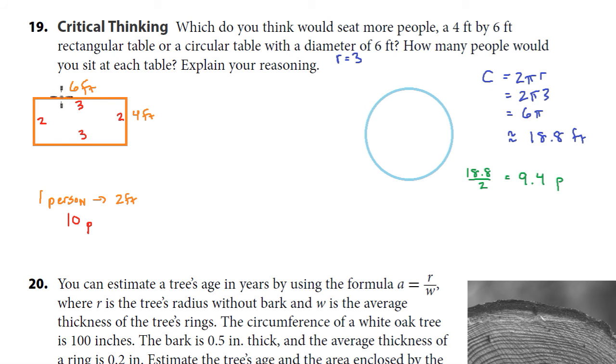On this side for 4 feet, you put a person here and a person here, and they've got about 2 feet. And a person here, here, and here. You could probably fit one more person over here. So this is just thinking through mathematically, could you estimate how many people you could sit at each table?